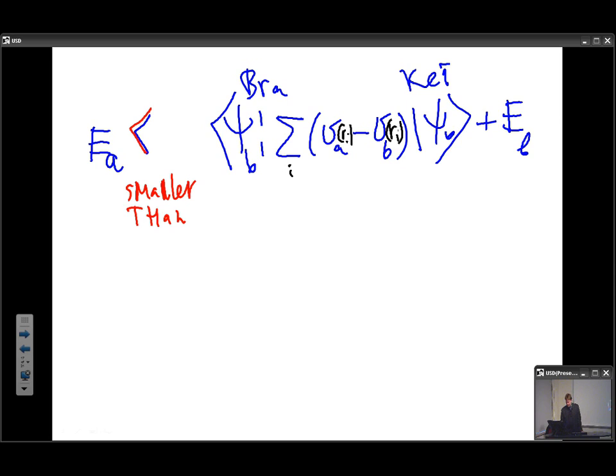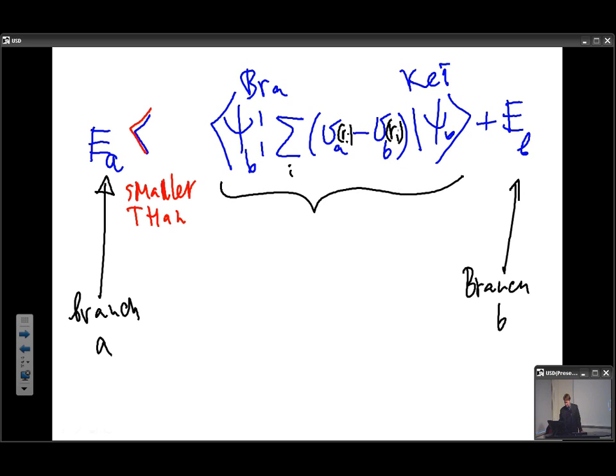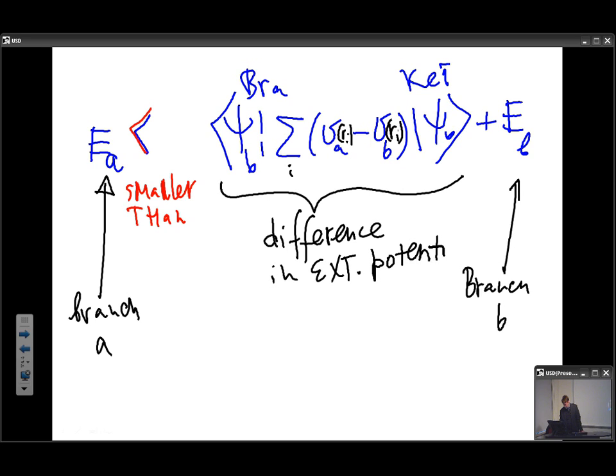So the total energy for branch A is smaller than the energy in branch B, and their difference corresponds to the difference in the external potential. Here's a little technical addition.